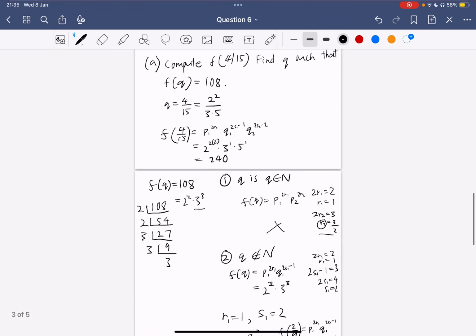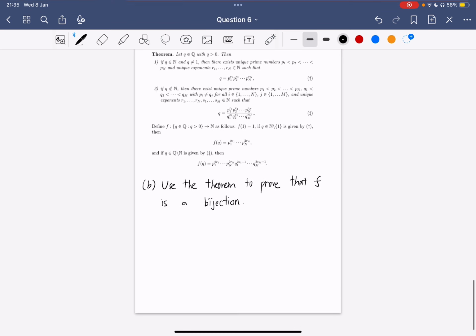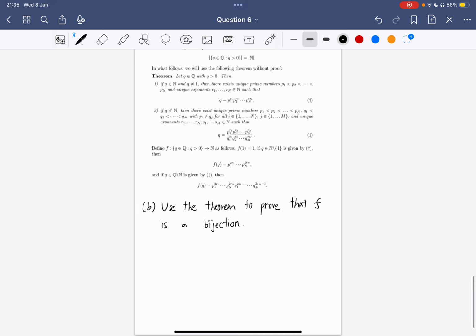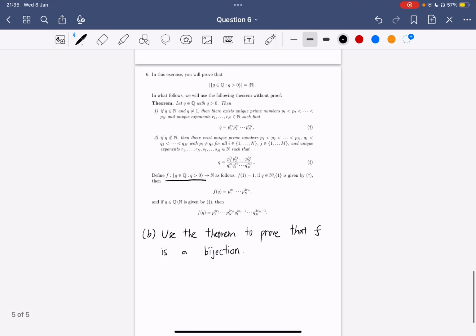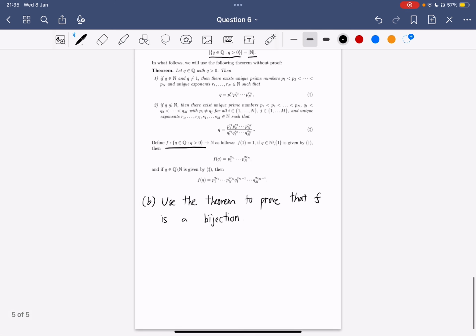Alright, so moving on to part B. Now we will use the theorem to prove that f is a bijection, therefore proving that the cardinality of the positive rational numbers is equal to the cardinality of the natural numbers, right? So how do we prove that f is a bijection?